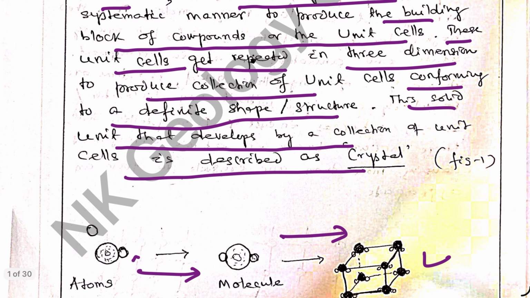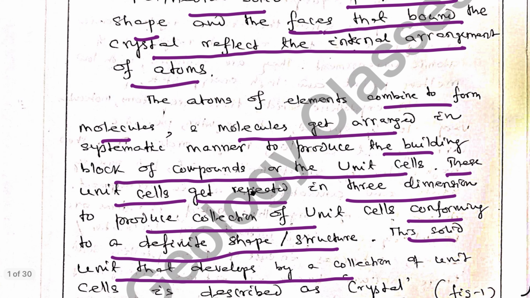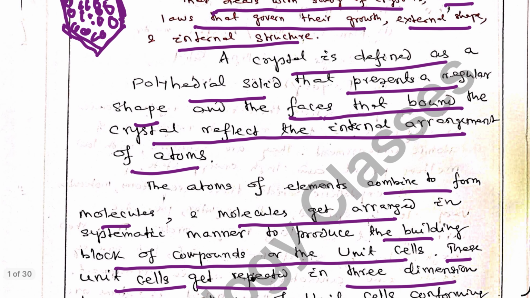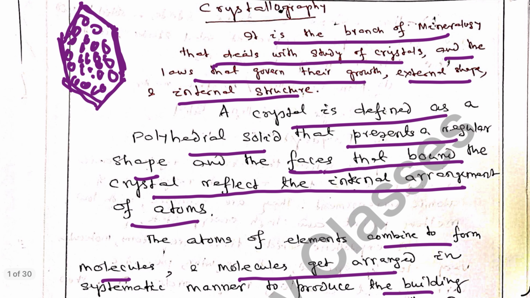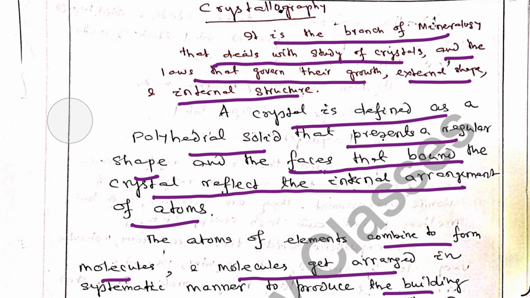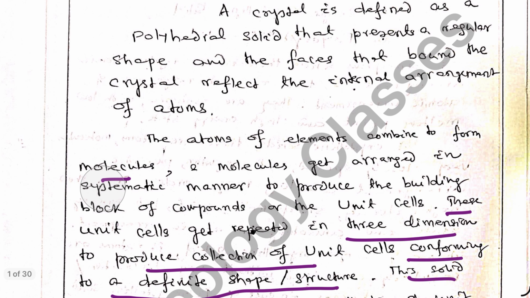In this manner the atoms, molecules or motifs get linked to each other, they develop the smallest unit, that is unit cell, and unit cell repeats in 3 dimensions to produce the crystal structure, and crystal shows many faces that bound it, and these faces are the reflection of internal atomic arrangement. So crystal is a solid, it is bounded by faces, and these faces reflect the internal atomic arrangement.